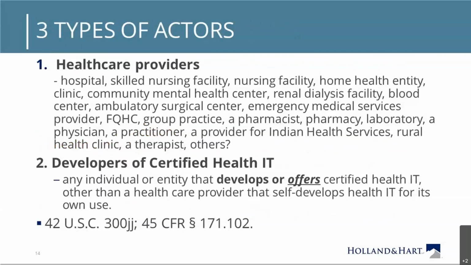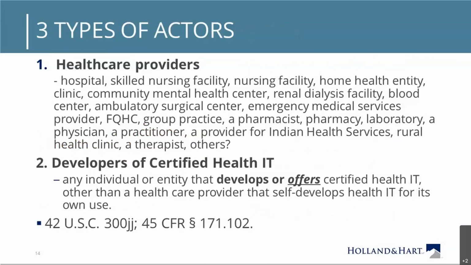So there are three types of actors who need to follow the information blocking rule. First of all, healthcare providers, and it's defined really broadly. You can see here there is a long list: hospital, nursing facility, clinic, group practice, pharmacist, pharmacy. All of these qualify as healthcare providers.